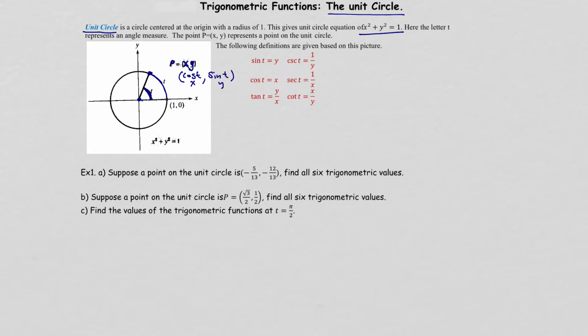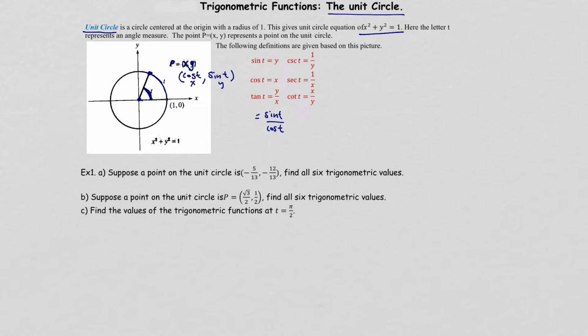And tangent is going to be y over x, right? Y value over x. Or you can also see it as sine t over cosine t, right? And we're going to also talk about cosecant.